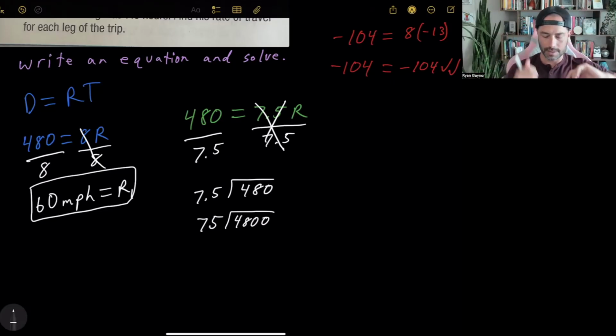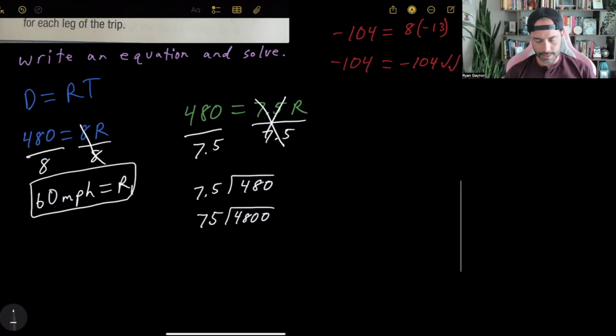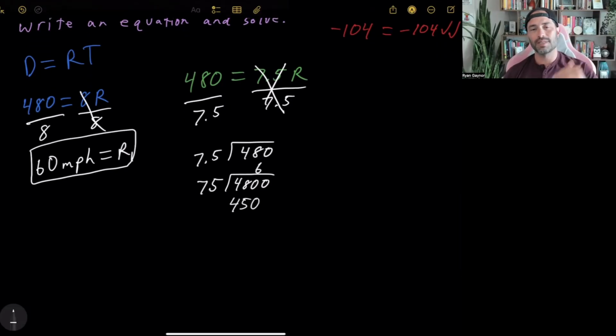So I know that it's going to go 6 times to start off. So again, we have 450, right, for 6 times. By the way, 6 times 70 is 420. 6 times 5 is 30. 420 plus 30 is your 450.